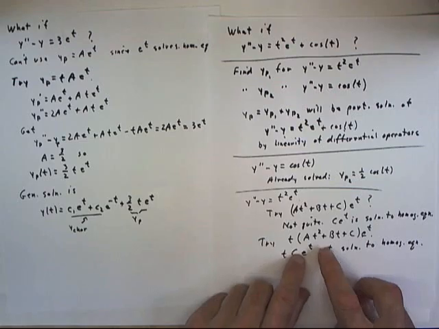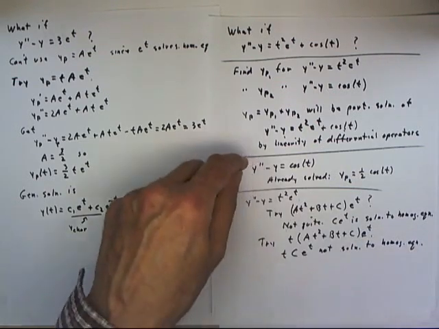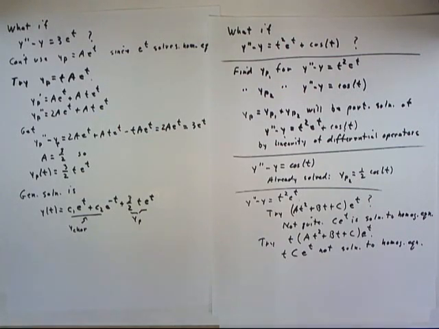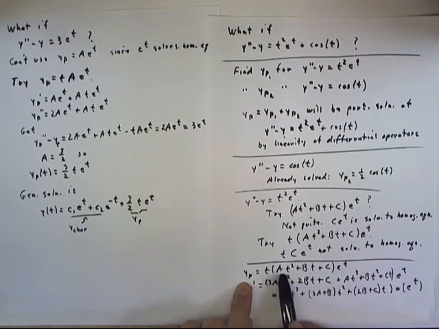In general, we don't want our trial solution to include a solution to the homogeneous equation. So using particular solution yp equals t times at squared plus bt plus c times e to the t, we take the first derivative.